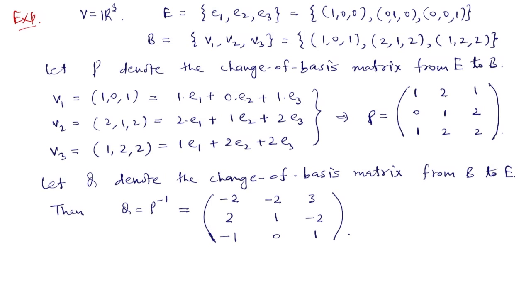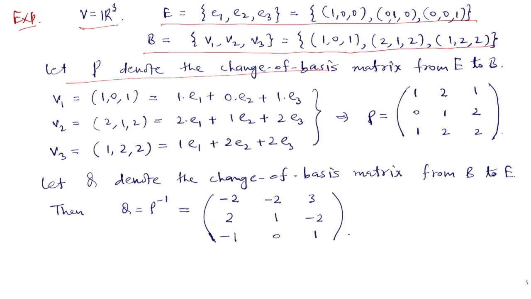Now consider this example. This example will clear how this change of basis matrix helps us to find the matrix of a linear transformation with respect to an arbitrary basis. Consider R3, the 3-dimensional vector space. Take E as the standard basis and B as this basis: (1, 0, 1), (2, 1, 2), (1, 2, 2).